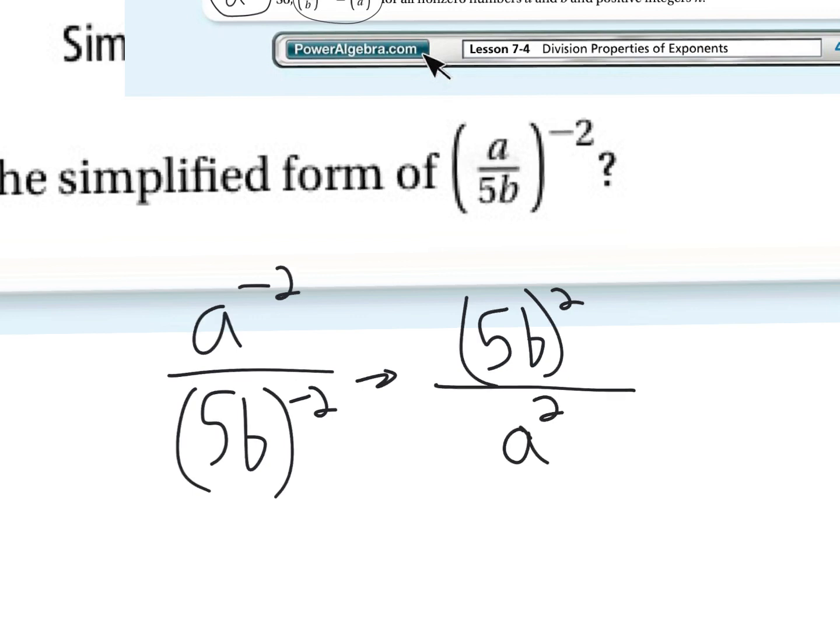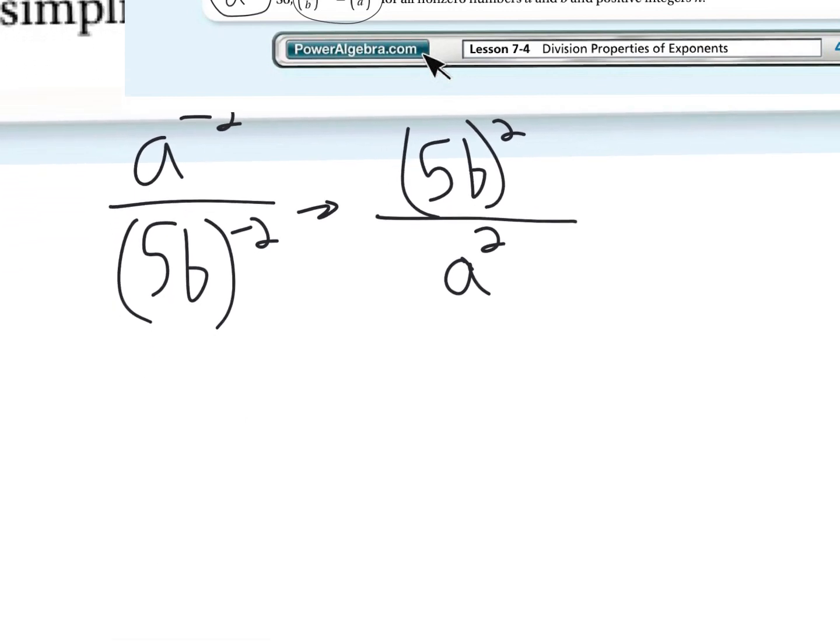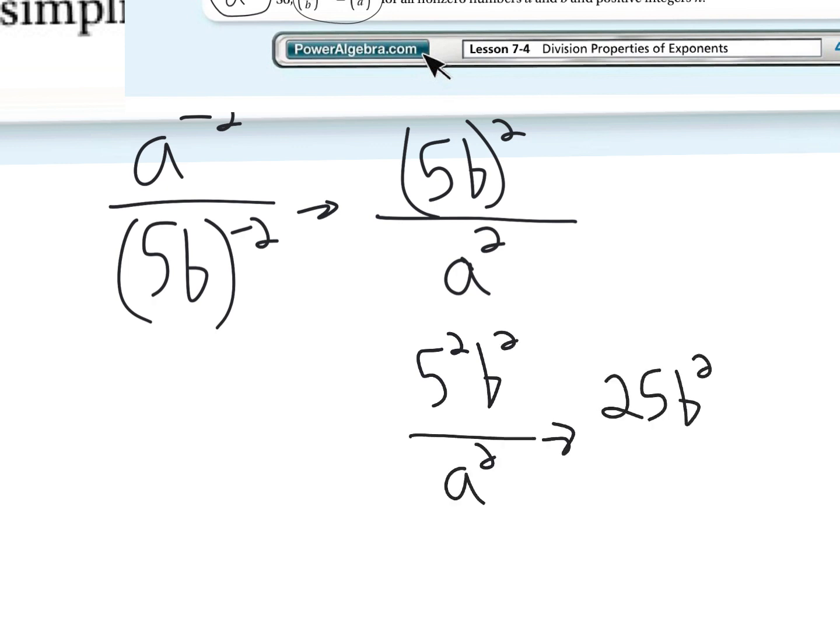And then to get rid of the negative exponents, we can bring them to the opposite parts of the fraction. And that would be 25b squared over a squared.